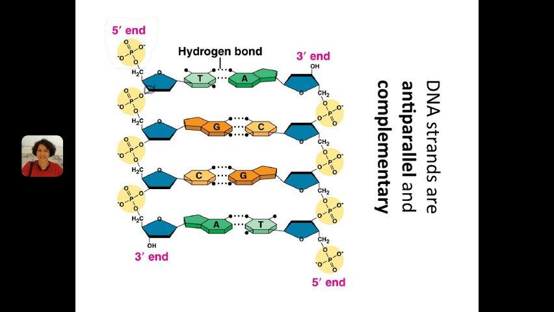Here is the free 3' end of this side, and you see here is the deoxyribose, and this is the hydroxyl molecule at the 3' end. On the other strand, on the right side, the 3' end is going to be here, and the 5' end there. So that also shows that they're anti-parallel to each other.